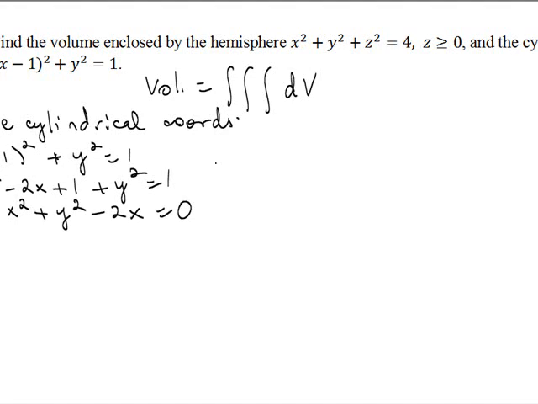Okay? That's what you get. Now you are ready to do the substitution. So x squared plus y squared is r squared, and this is a minus 2r cosine theta, which is 0. Now we can divide by r because r cannot be 0, okay? So we get that r equals 2 cosine theta.